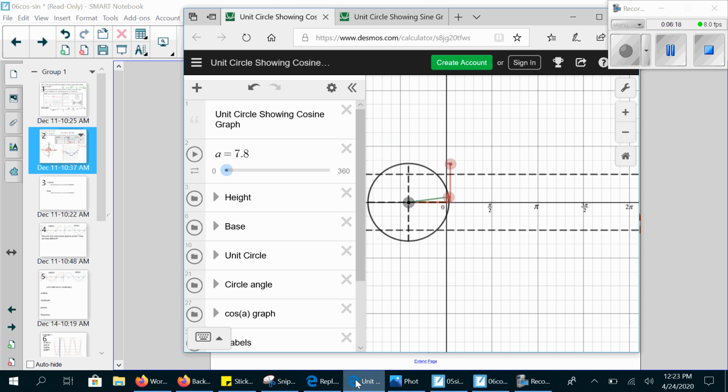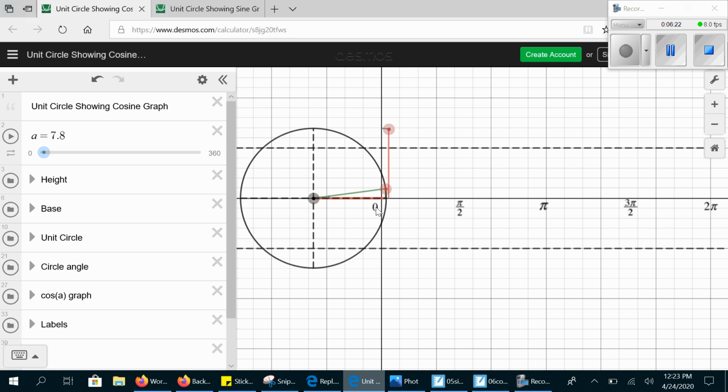Where'd that go? Is that it? Yeah. So if we look at a cosine graph, remember that the x-axis is the angle and the y-axis is the cosine. As we move around this unit circle, we're going to see what the x-coordinate is, or the cosine is, at each of these angles. So as we come around, these angles are going up.